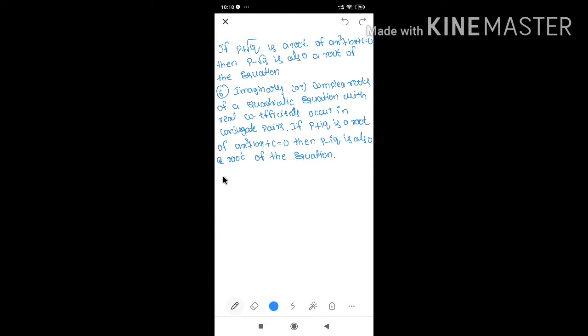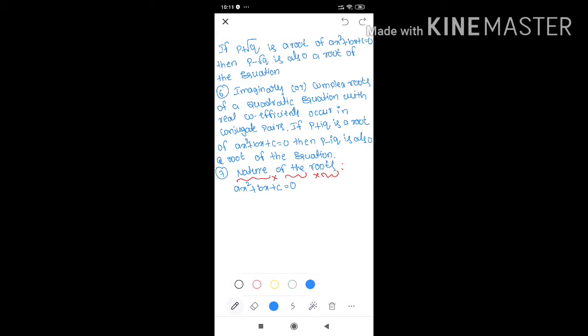Next, 7th point: nature of the roots. Quadratic equation is ax square plus bx plus c is equal to 0.